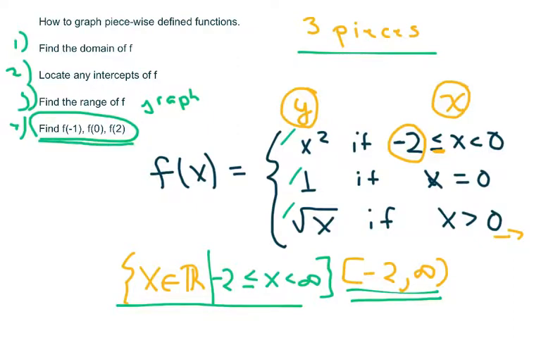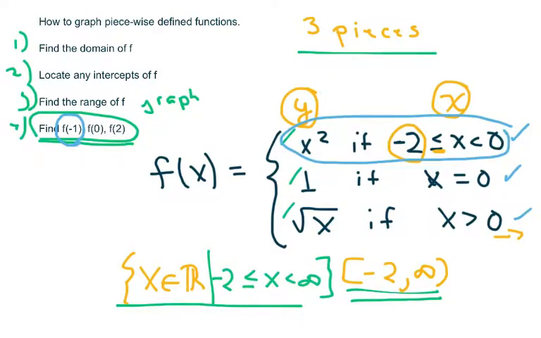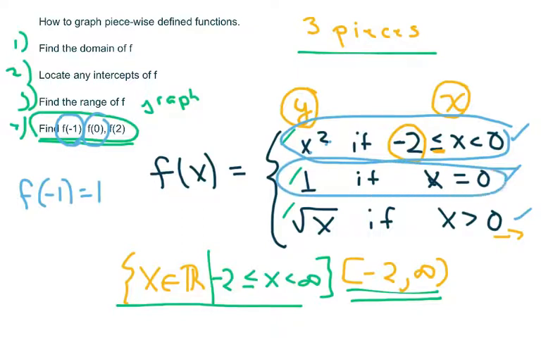So the first thing we want to do is graph these, and let's look at this too. We're looking for f of -1. We have to find which piece -1 fits into. Well, it fits into this piece. So I plug in -1 to my x squared. So f of -1 equals 1. When I find f of 0, that's this, and f of 0 equals 1.